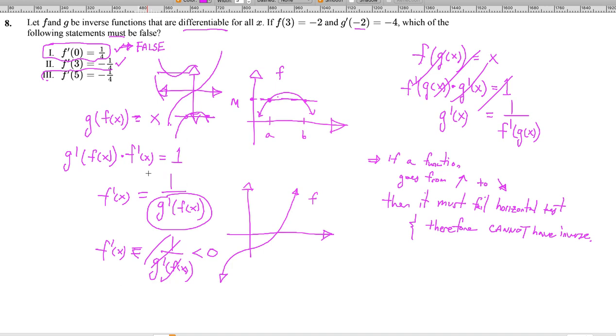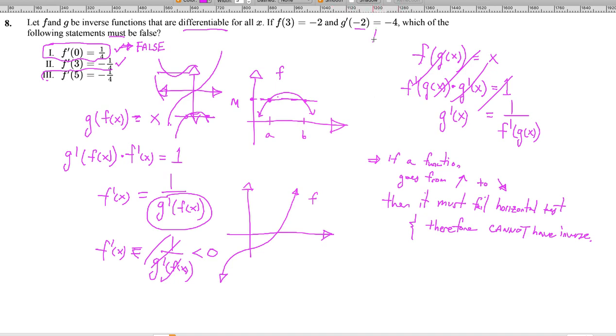Now, with that being true, it gives you a value for the derivative of g, and it's a negative value. That means that g is decreasing at -2. But we just said that if g is decreasing at some point, then it must be decreasing always.